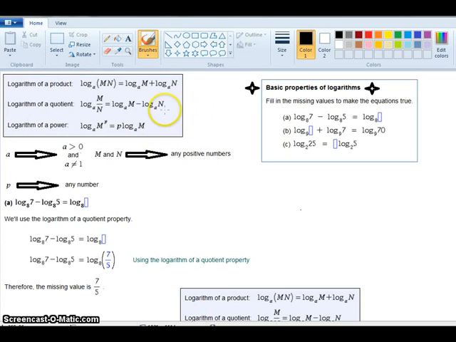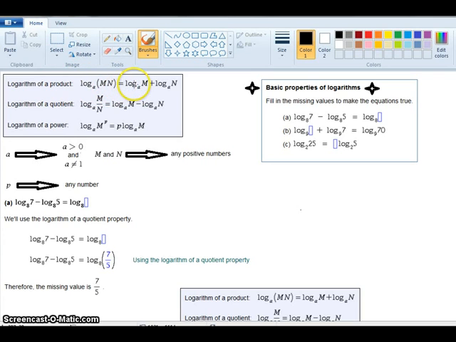I would recommend you copy down these three formulas. They are not that difficult to remember, and if you remember all three, you can solve questions a lot faster. The first one is the logarithm of a product: log a, where a is the base, and in parentheses you have m multiplied by n.